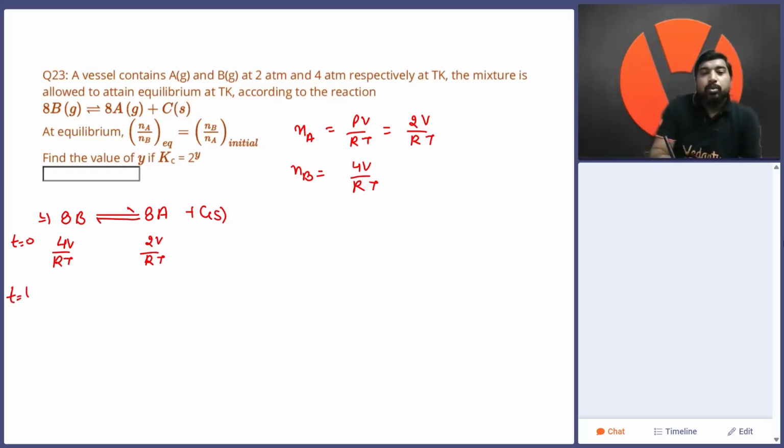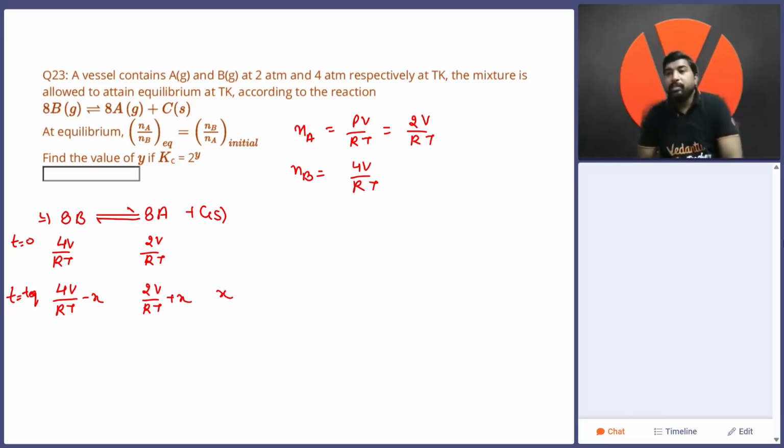At equilibrium, let's suppose X moles of B will decompose and give A and C. So 4V upon RT minus X, 2V upon RT plus X, and X. Actually, C is solid, so there is no effect of C on equilibrium.